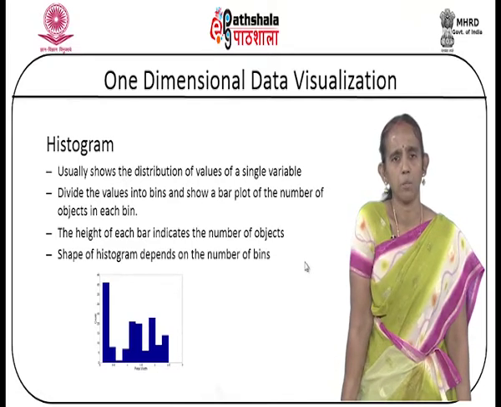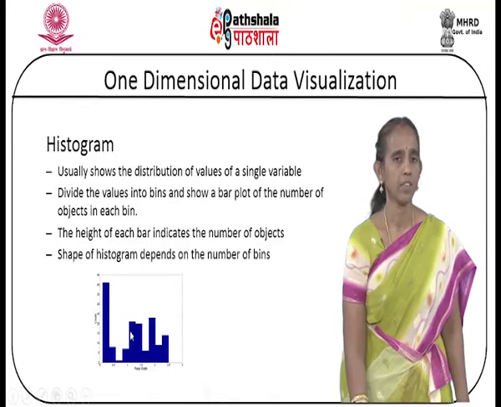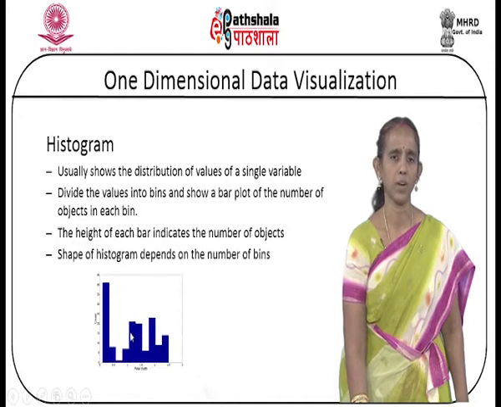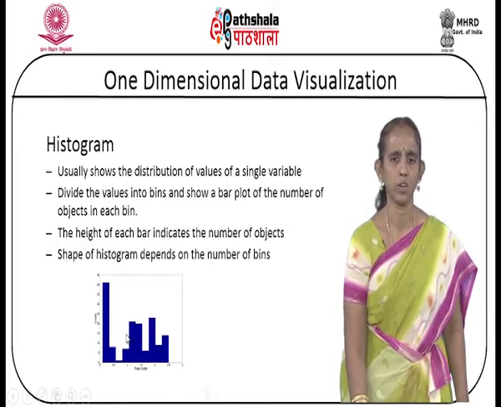This is one-dimensional data visualization. Histogram is a very good example of one-dimensional data visualization. Histograms usually show the distribution of values of a single variable. We divide the values into bins and show a bar plot of the number of objects present in each bin.